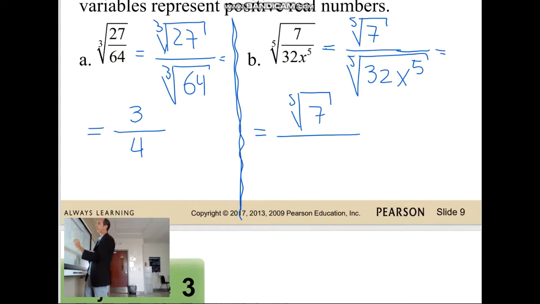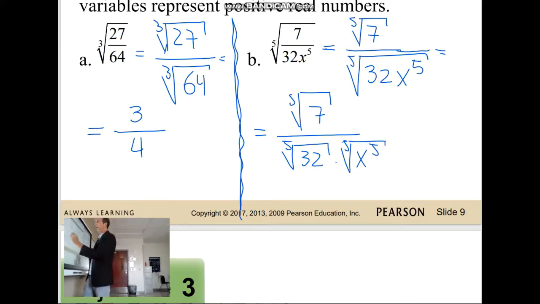We can use the first rule that we have seen today. We can split the fifth root of 32 times the fifth root of x to the exponent 5.